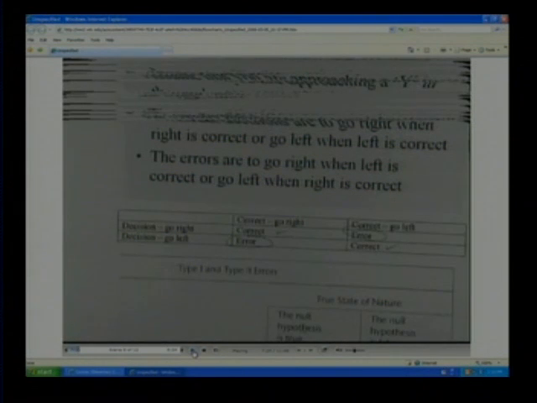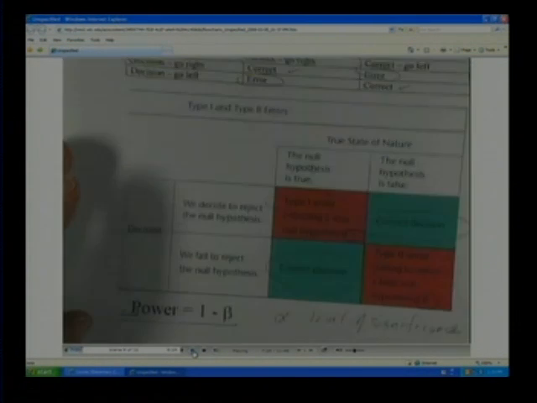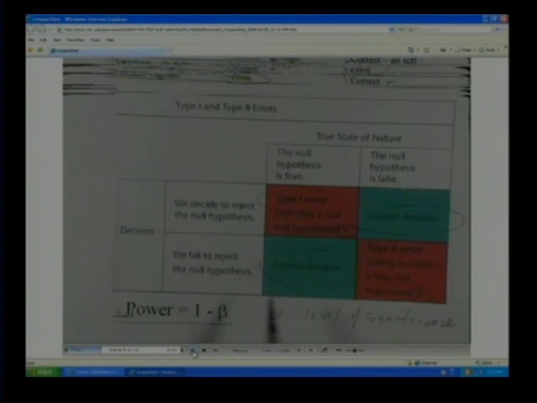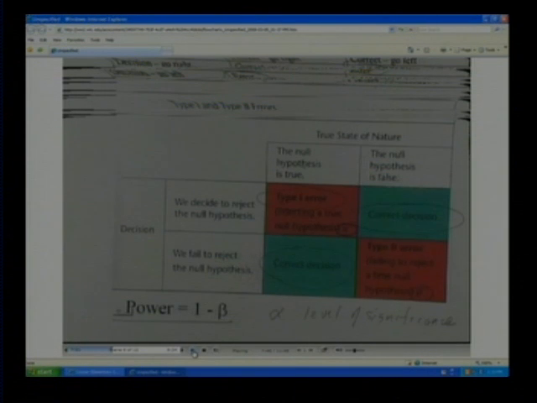Okay? In statistics, we have that same situation. The true state of nature: the null hypothesis is true, and we fail to reject the null hypothesis. Another way to say that, but we don't use it in statistics, is that essentially once you take out the fail to reject, that means we accept it.